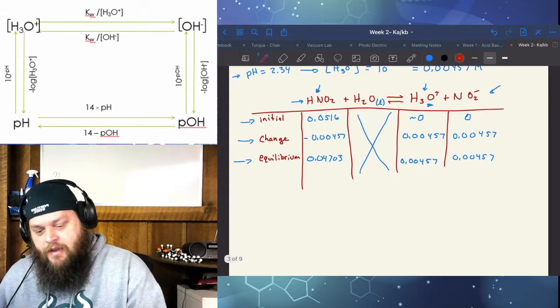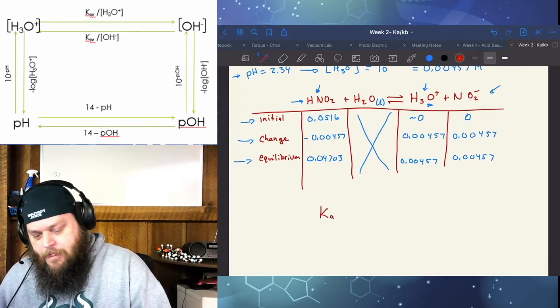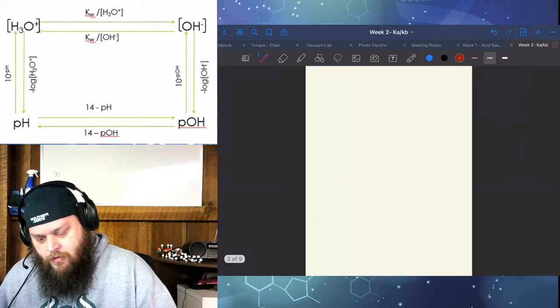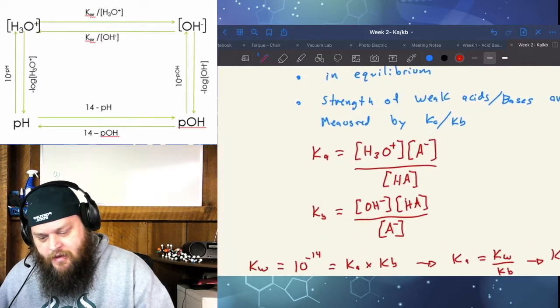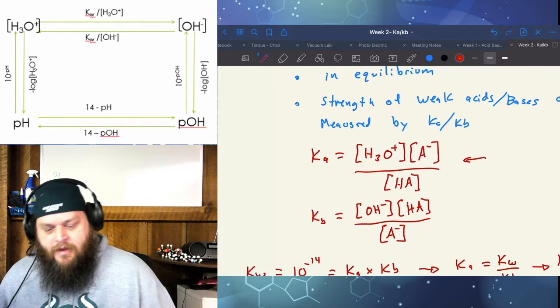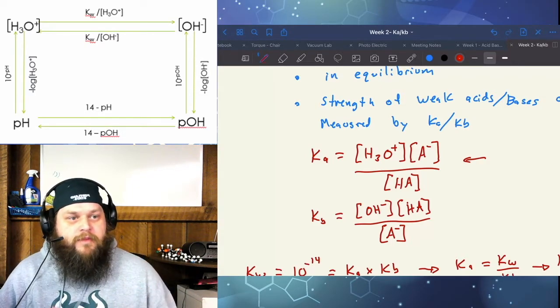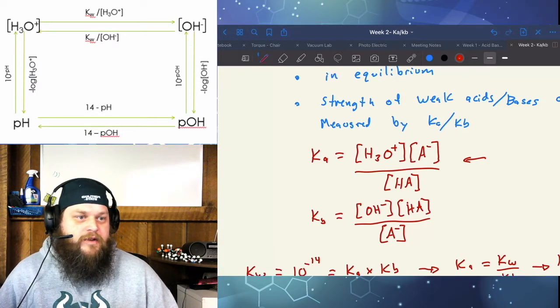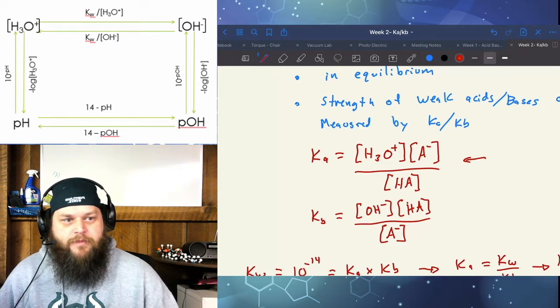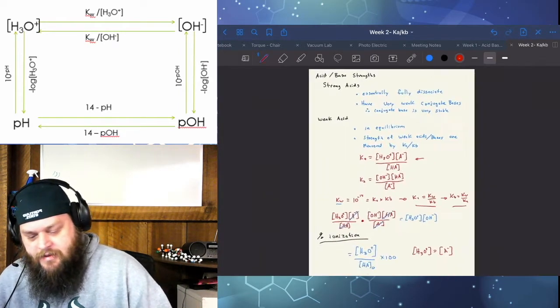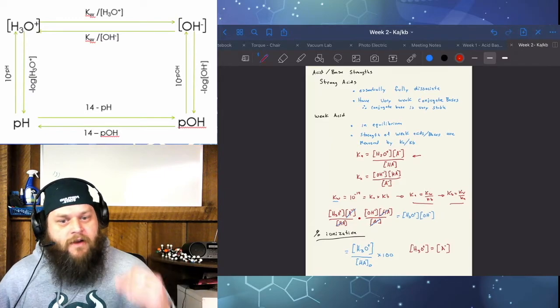So now to find our Ka value, we had that formula a couple pages back. This guy, the concentration of hydronium times the conjugate base concentration divided by the concentration of the acid. So really, it's always products divided by reactants.